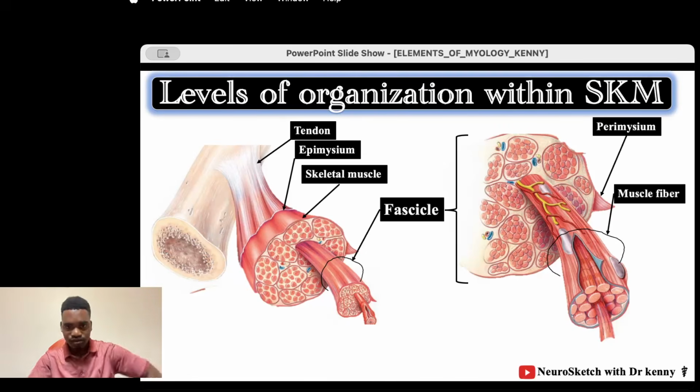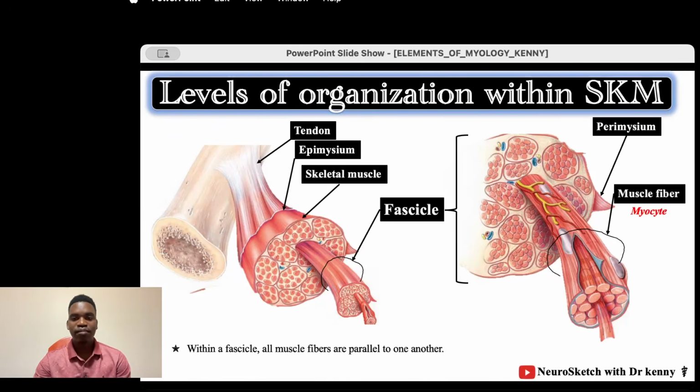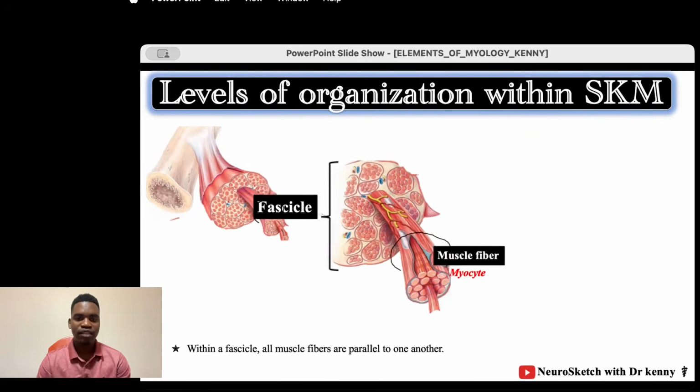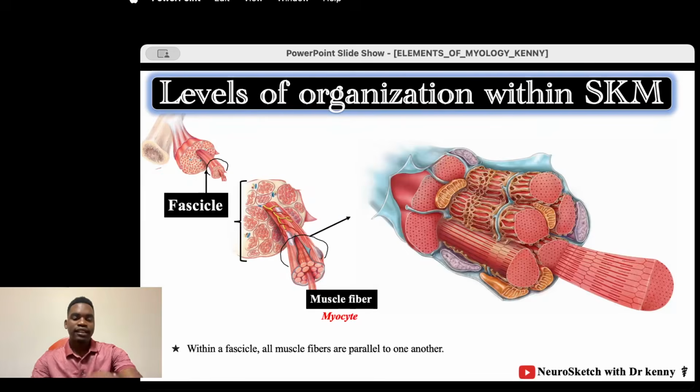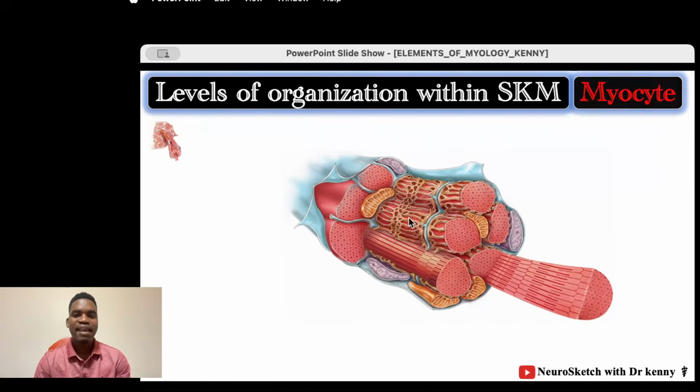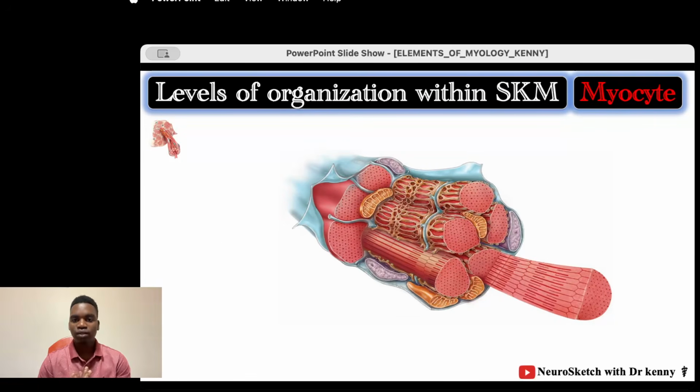It's a long cell. That's why it's known as a muscle fiber. So let's talk about this muscle fiber in detail. The muscle fiber is also known as the myocyte, and this is the myocyte. Let's discuss the myocyte, the muscle cell.